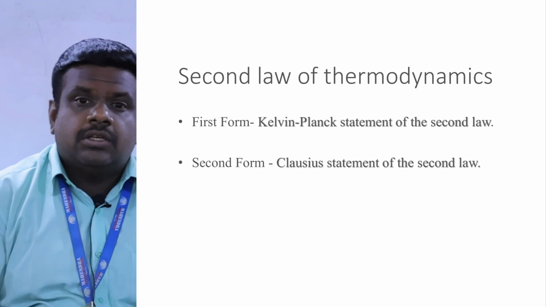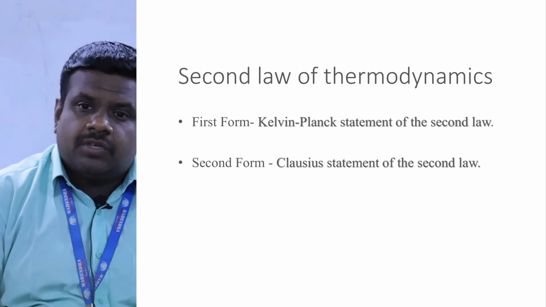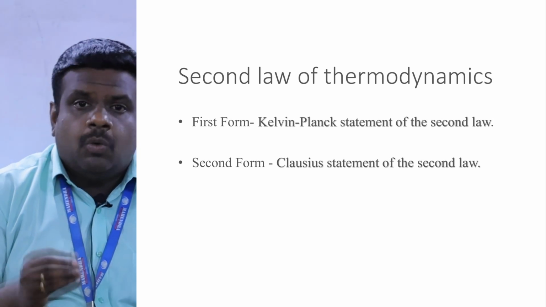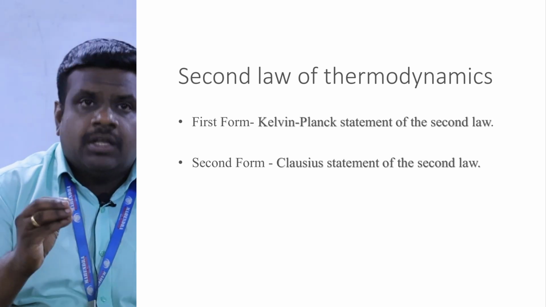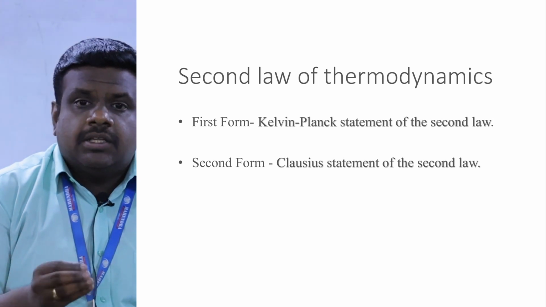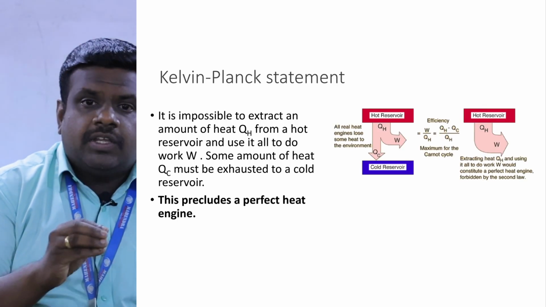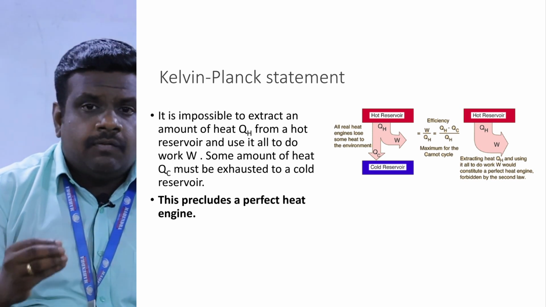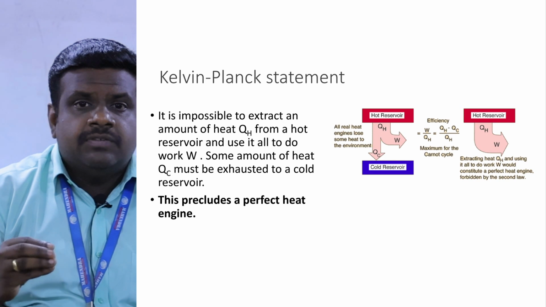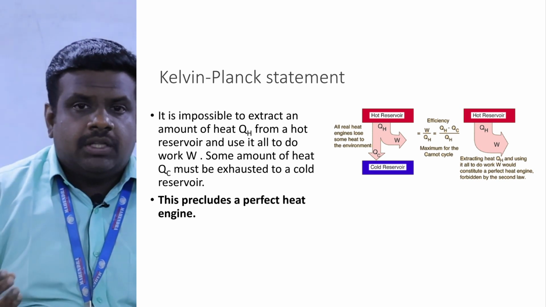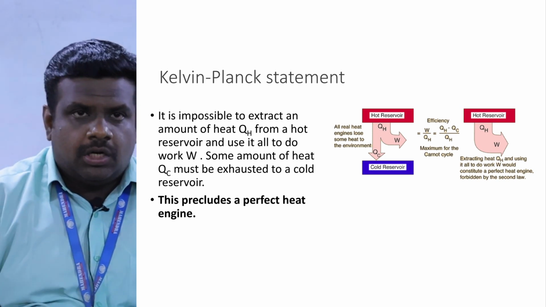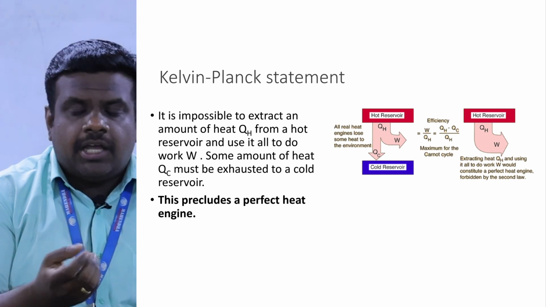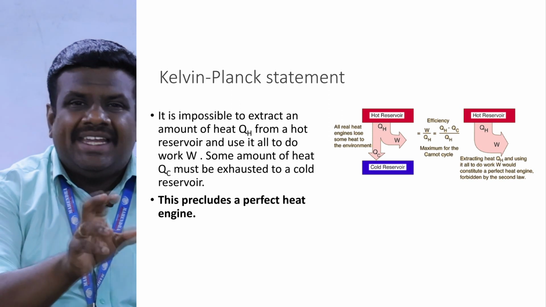This law contains two forms. The first form is the Kelvin-Planck statement, and the second form is the Clausius statement. The Kelvin-Planck statement says that the amount of heat supplied to the system will not be fully converted into work. Some amount of energy will be liberated to the atmosphere. That is, heat will be rejected to the atmosphere. It precludes the perfect heat engine, and it gives an example of the heat engine.